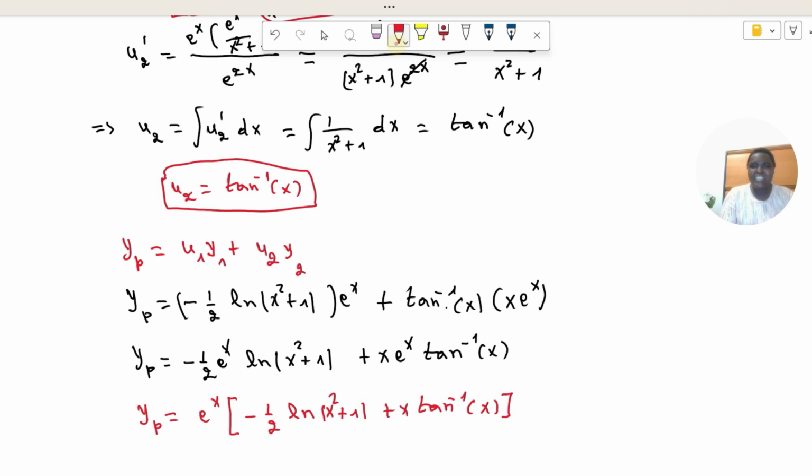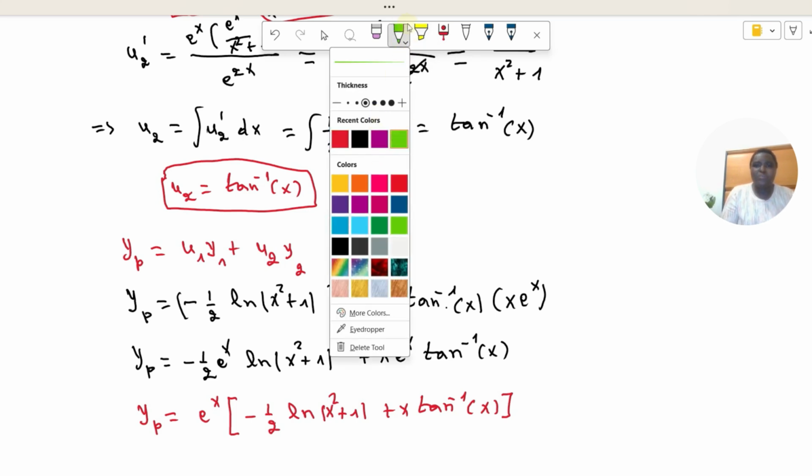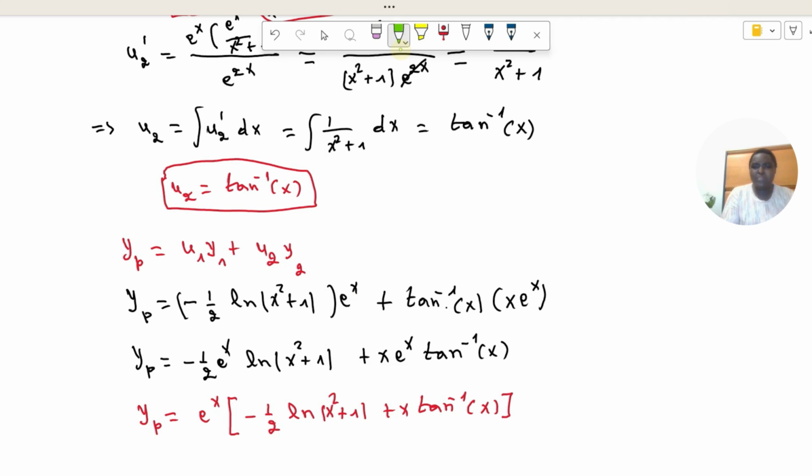And then the general solution of our differential equation will be equal to the homogeneous solution plus the particular solution.